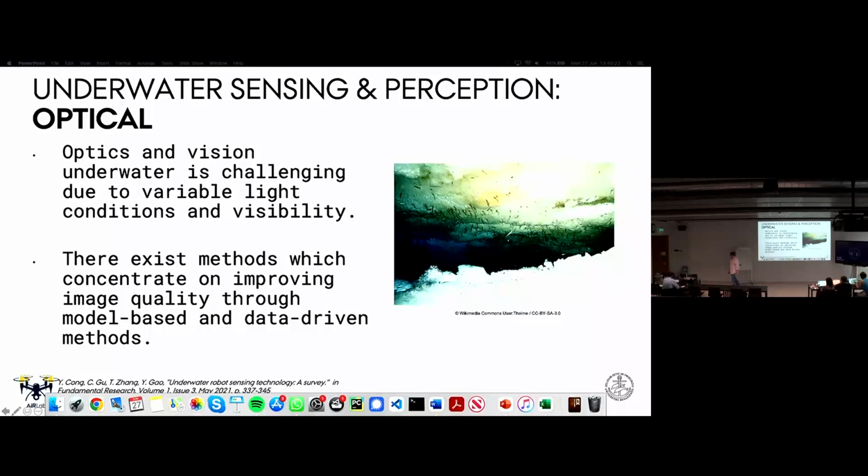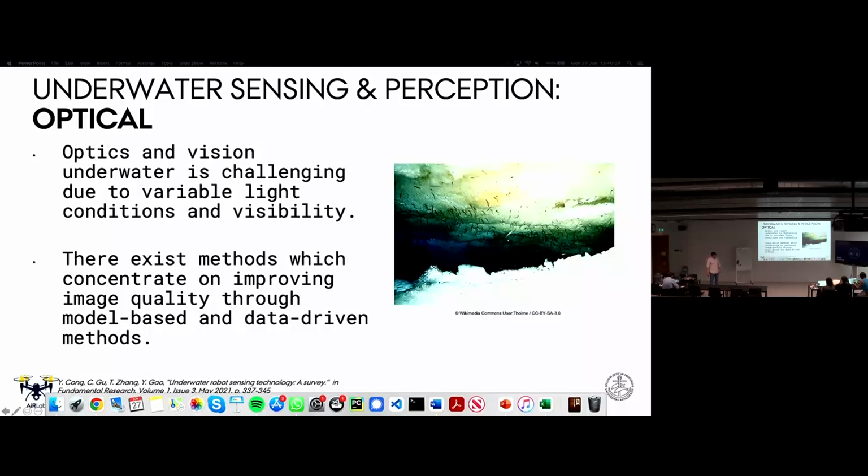So you can have very clear images. Obviously, you can have very muddy images, something that is pretty much unusable for navigation, especially. If we're talking navigation here, we're talking mostly SLAM, for example, right?